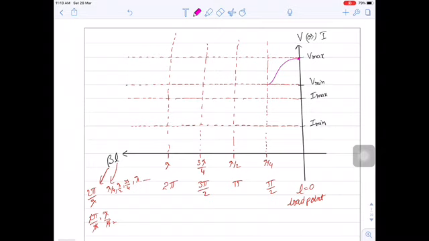Once you reach a distance of lambda by 4, that is pi by 2, the voltage will go from maximum to minimum, and if you move further from lambda by 4 to lambda by 2, again the voltage increases like this, and from lambda by 2 to 3 lambda by 4, again the voltage decreases, and from 3 lambda by 4 to lambda the voltage increases.